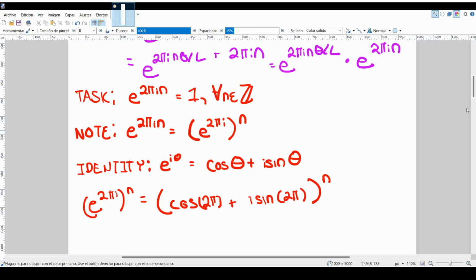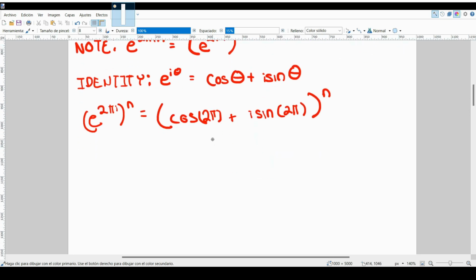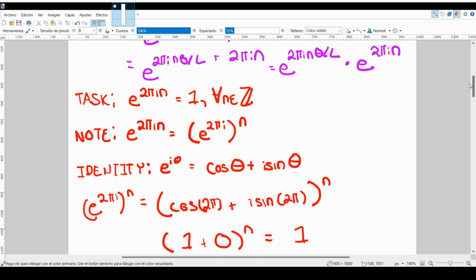Now, what is cos 2 pi? Cos 2 pi is 1. And then I sine 2 pi is 0 because sine 2 pi is 0. So we have 1 plus 0, to the power of n, which is going to equal 1. So we have shown that this value here, e to the 2 pi I n, is going to equal 1.